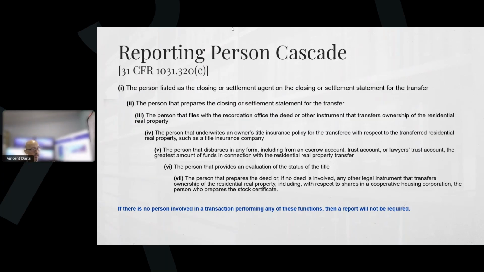This might be for next month's webinar, but how do we actually do the reporting? Is it straight through the FinCEN website, or where? If you have ever done the geographic targeting order reporting, I think you'll find that the actual mechanics are very similar to it.